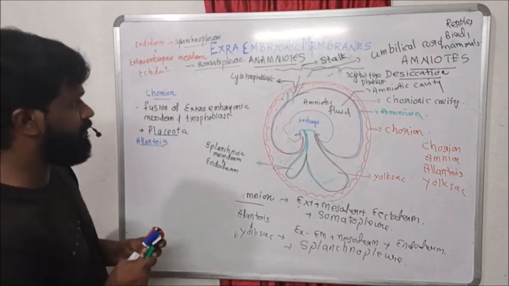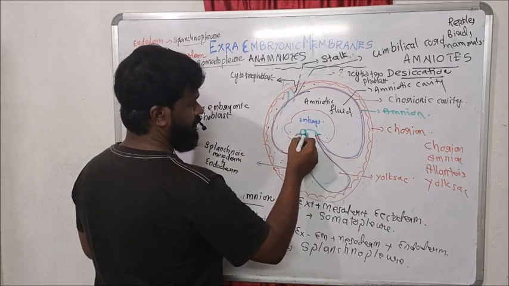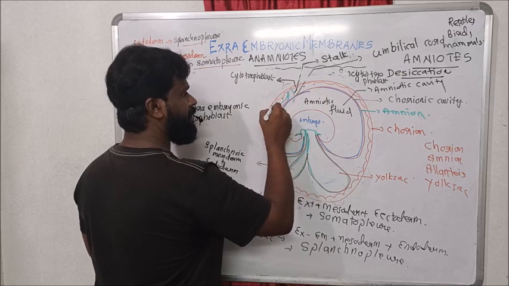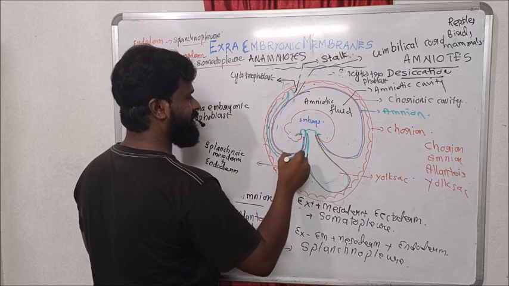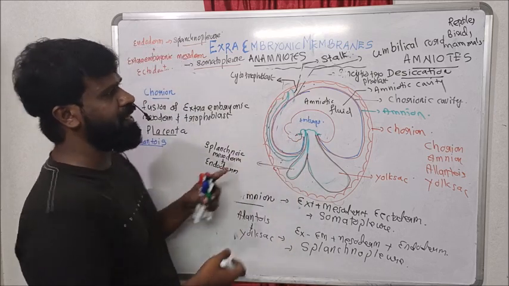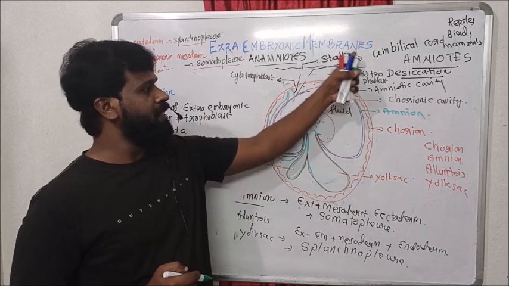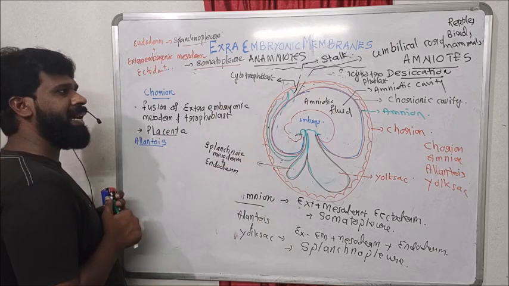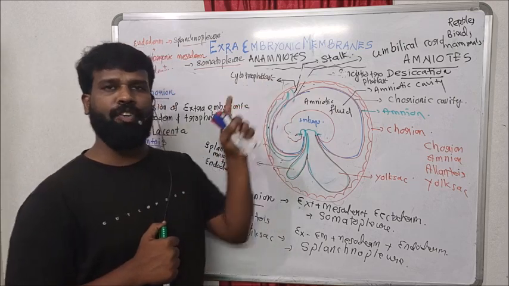The remaining extraembryonic mesoderm acts as a stalk which helps in the formation of the umbilical cord. This allantois also takes part in the formation of the umbilical cord, the vascular connection between placenta and fetus.